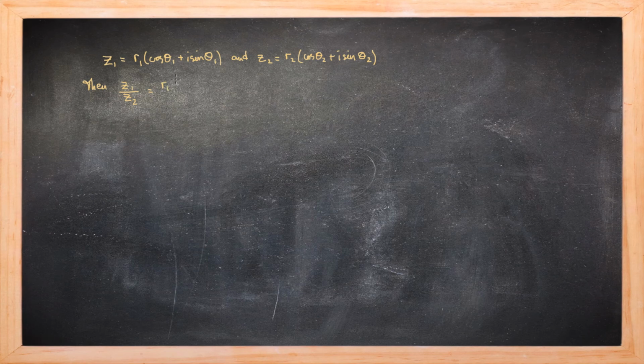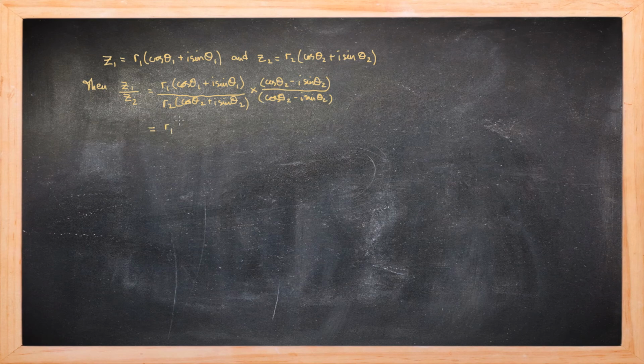So that's r1 (cos theta 1 plus i sin theta 1) divided by r2 (cos theta 2 plus i sin theta 2). And we'll use the usual trick of multiplying top and bottom by the complex conjugate of z2, so cos theta 2 minus i sin theta 2 over cos theta 2 minus i sin theta 2, or in effect multiplying by 1.